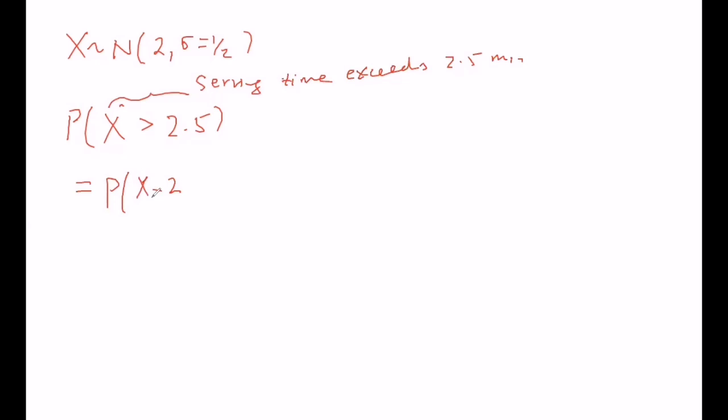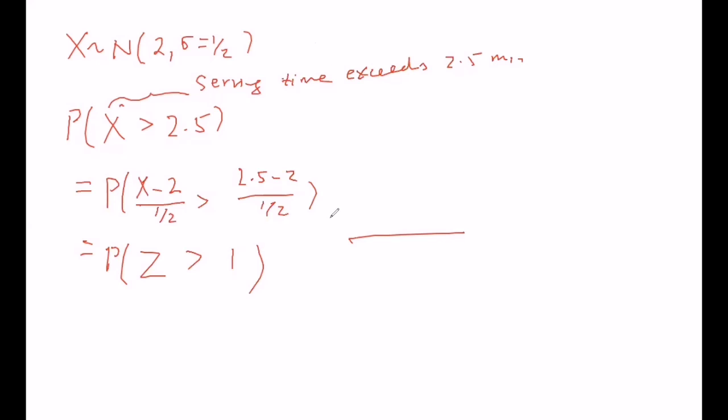So you subtract the mean, divide by the standard deviation. So do the same. So this will be 0.5 as 1/2. So 2 over 1/2 is... so this is the serving time exceeding 2.5. So when you calculate, you have this part here, so you can check the table.